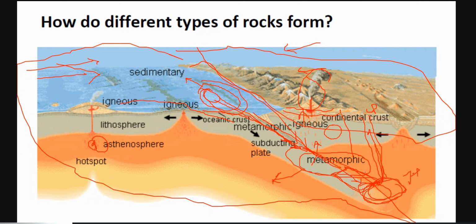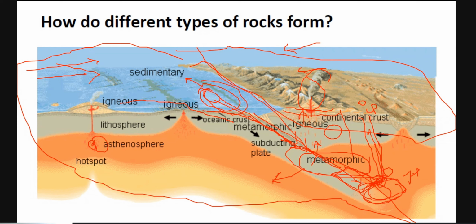Suppose molten lava is traveling from the deeper crust up to the upper crust. As temperature and pressure are high here, it is in molten form. As it travels towards the surface, its temperature and pressure get reduced.